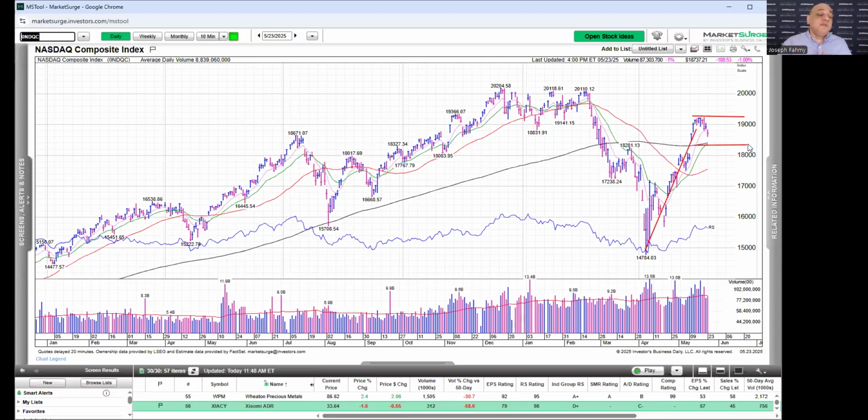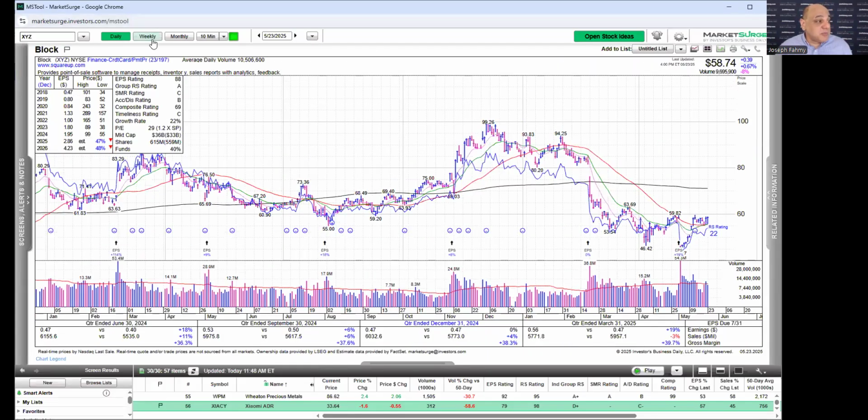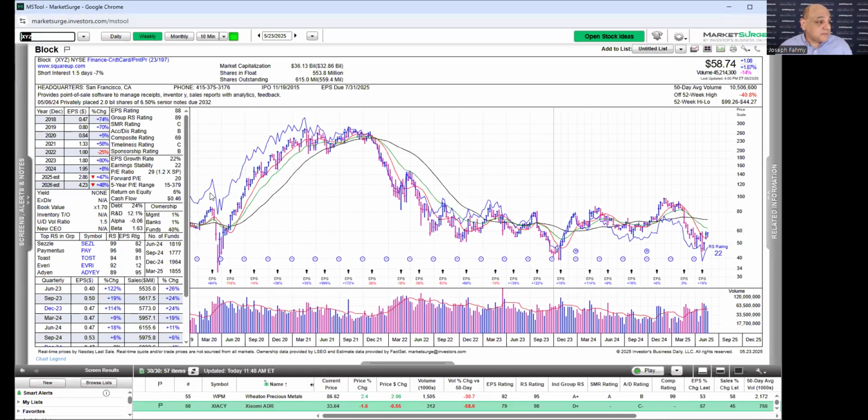Just like when I showed you Nvidia went up 1,000,000% and consolidated for a year. That's pretty normal price action. Like something like Square, which is Block, back here, it went up huge and then just consolidated for a while. That's normal. Sometimes stocks continue their growth prospects, sometimes the growth slows down.